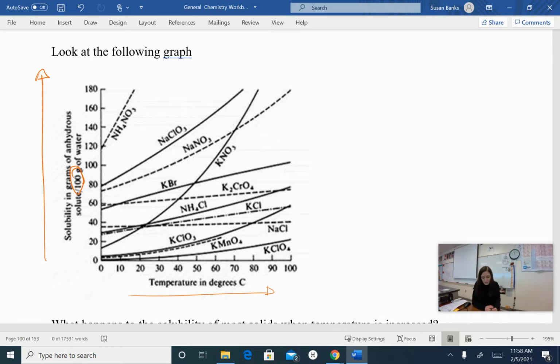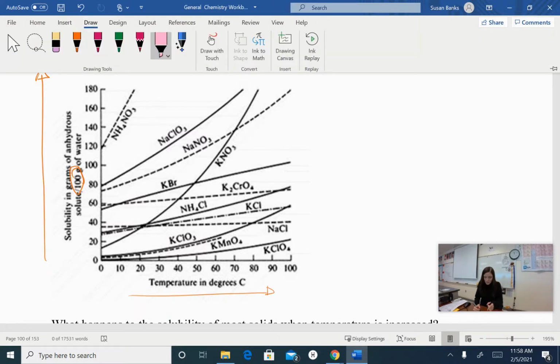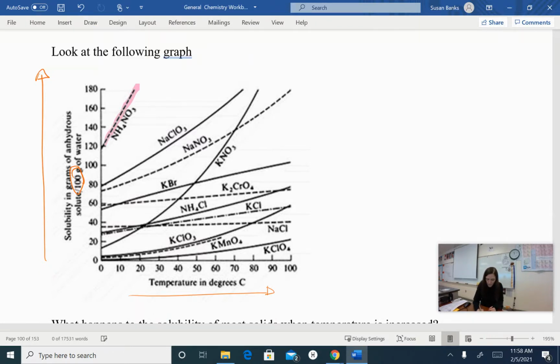If we look at the slope of all of these lines, notice as the temperature goes up, the solubility goes up. Now, does it go up uniformly for all these different compounds? No. But the general trend is as the temperature of the water goes up, the more solute or the more things that I can dissolve in that water.